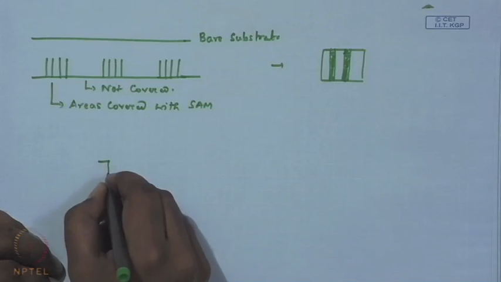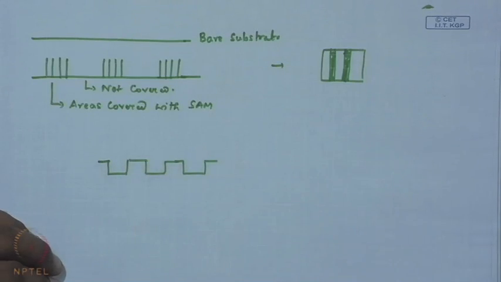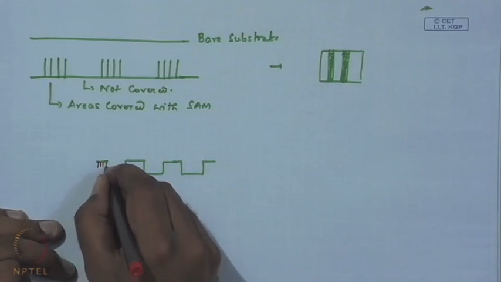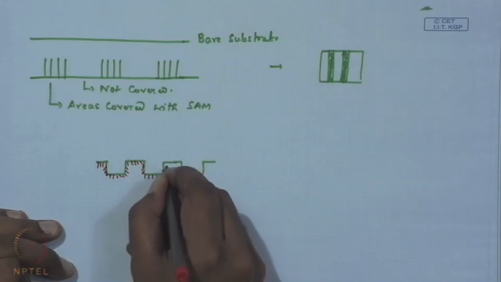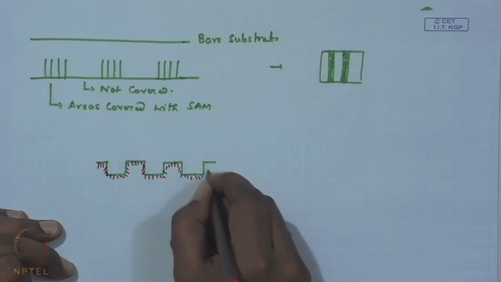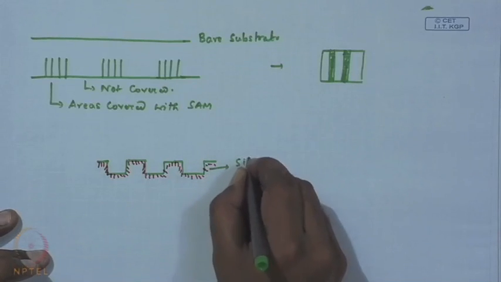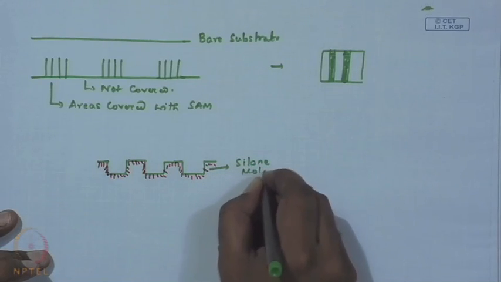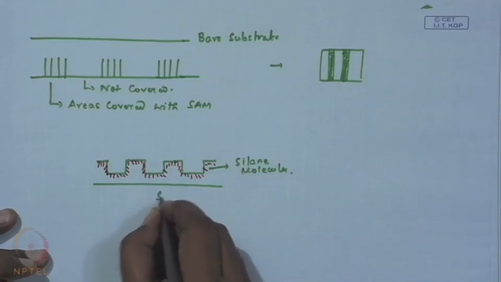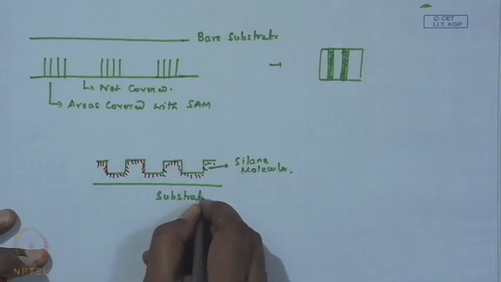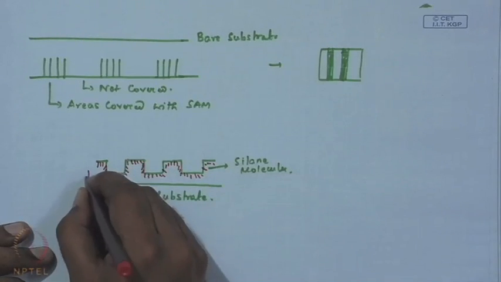So, what happens is the stamp which was immersed in the silane solution now contains silane molecules as a thin wetting layer around it. And when this stamp is brought and placed on a bare substrate which has the desired level of reactivity with the ligand Y, you simply place it.